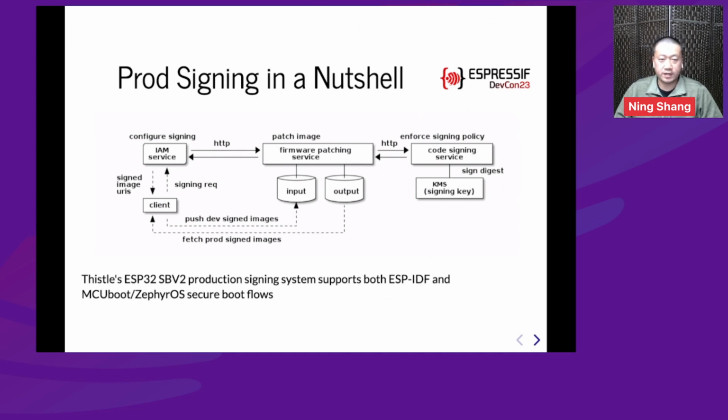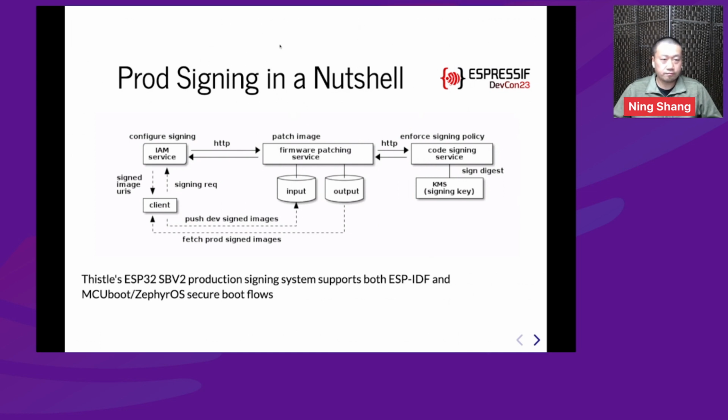Our implementation is based on GCP KMS. The code signing service will use the KMS, the managed production signing key, to sign a digest and produce the signature block. It will give the signature block to the firmware patching service to patch and get a production signed image in the output bucket.